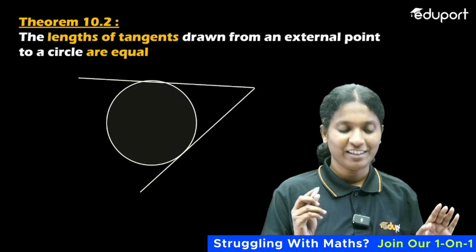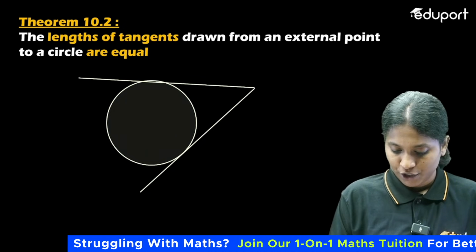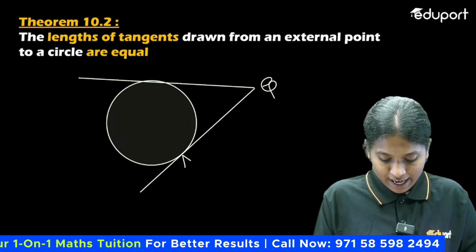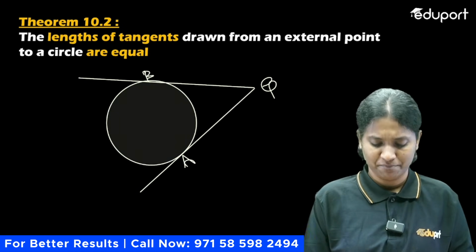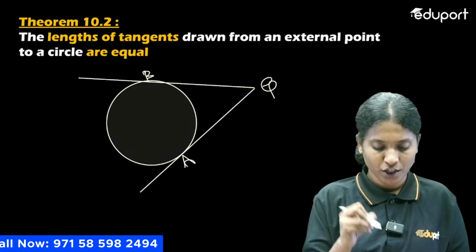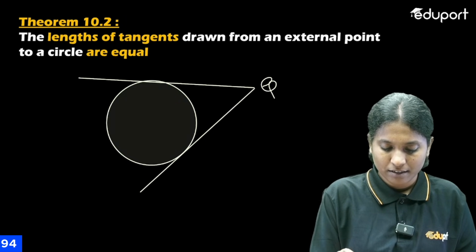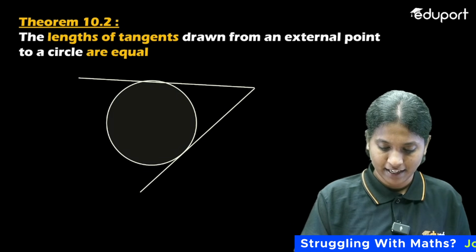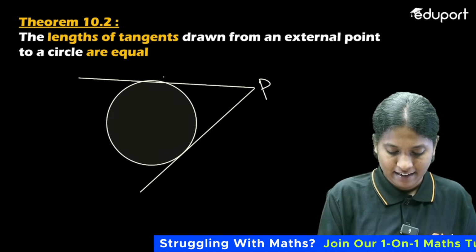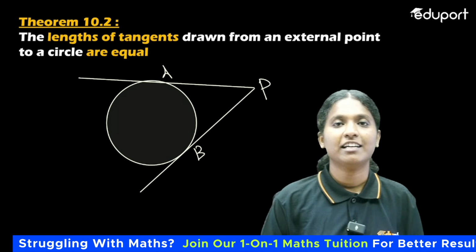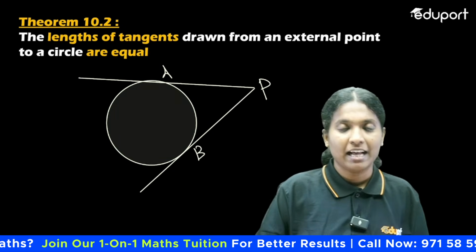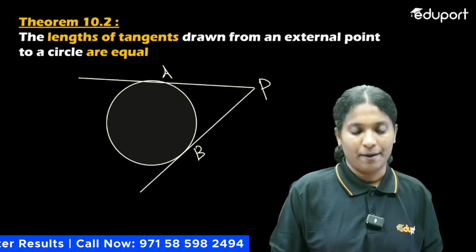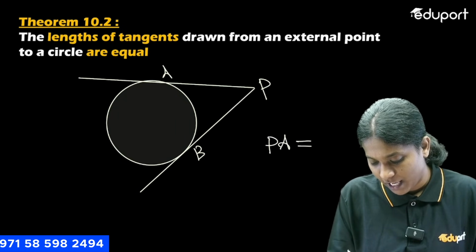This point is Q. Here we can give a P. So, there are two tangents PA and PB drawn from an external point P. According to this theorem, we can say tangents PA equal to PB.